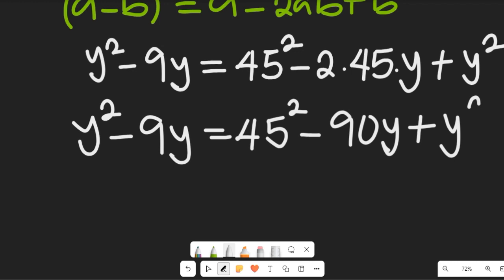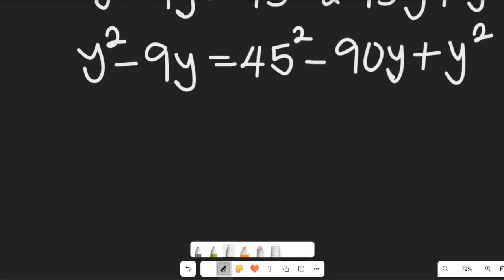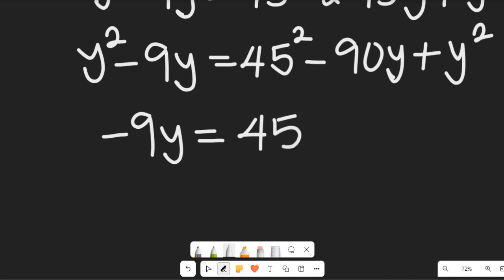You see we have y squared in two places, so we can subtract y squared from both sides, and we'll be left with minus 9y on the left hand side, equal to 45 squared minus 90y.